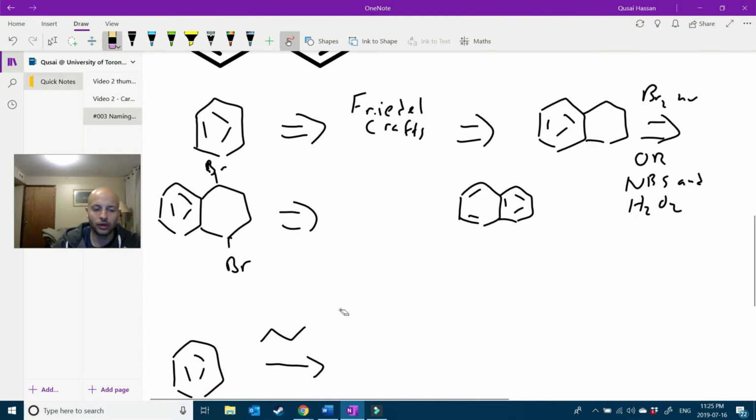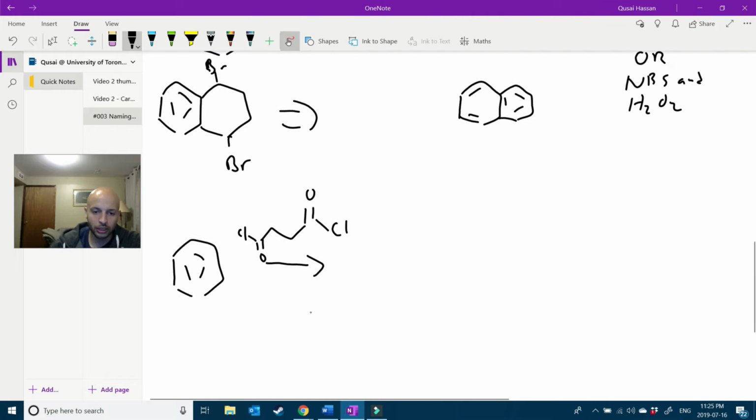So if we want to put a straight chain onto the benzene, we actually have to do Friedel-Crafts acylation. So we have to add the acyl halide, not the halide, because if we add the halide, then it'll rearrange, and you won't be able to get that straight chain, right?